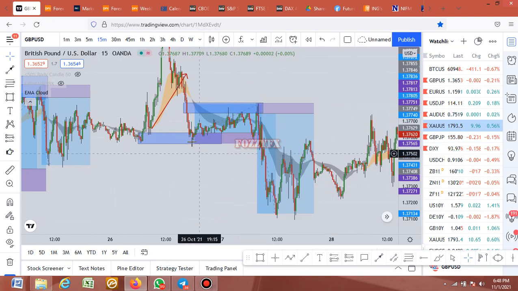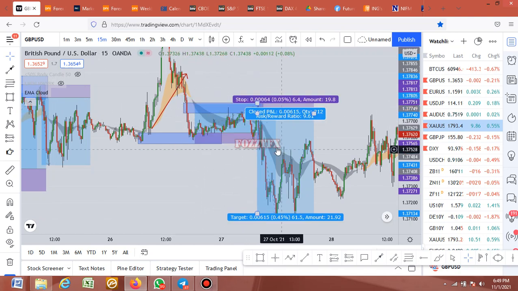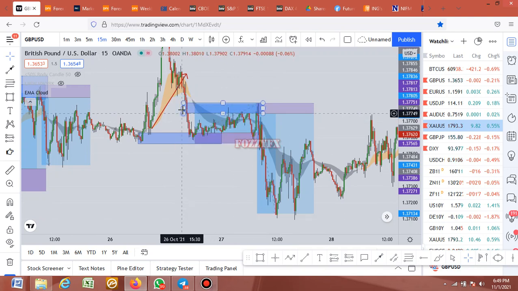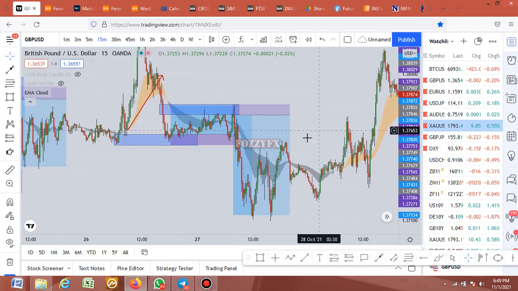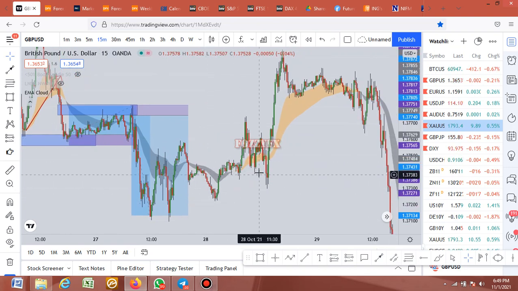I mean, a 1 to 9. We got in here because of the moving average cross here, and we had this momentum here, so that the candles were actually very fat as well. Price traded, filled up this imbalance, and boom, we're on this trade for a 1 to 9.